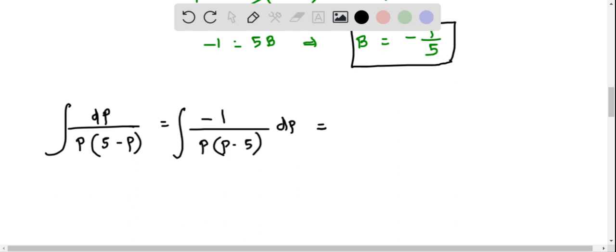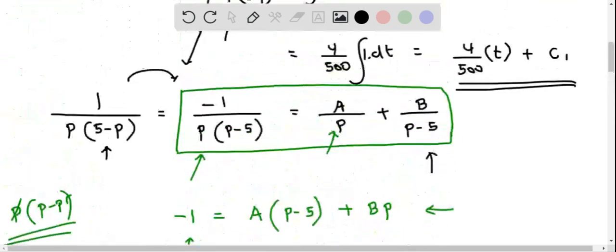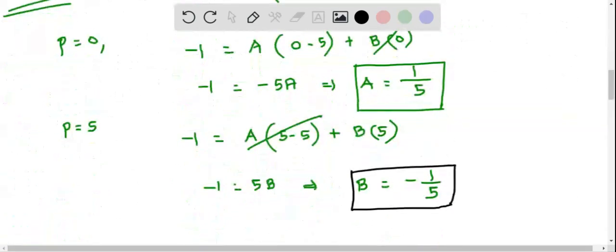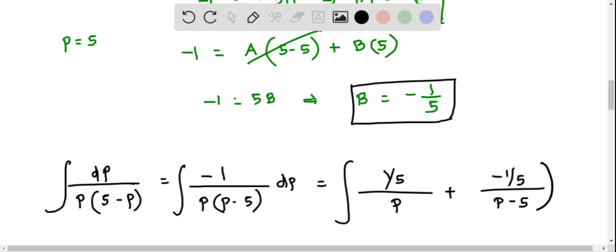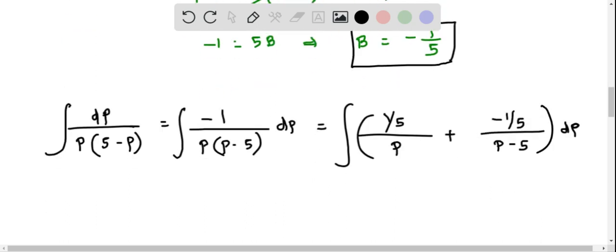We have split this into two fractions, that is the integral of a divided by p plus b divided by p minus 5, where a equals 1/5. So I plug 1/5 for a, divided by p, plus b is negative 1/5, divided by p minus 5. And we have to integrate this with respect to p, that is dp.